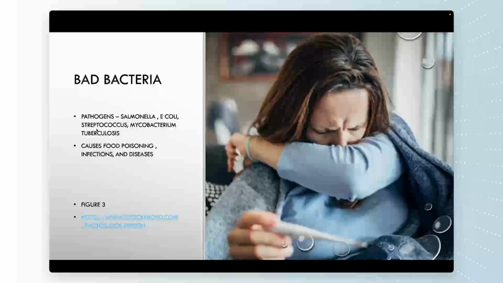We also have Streptococcus and Mycobacterium that can cause serious diseases such as strep throat, and we also have tuberculosis. What makes this bacteria harmful is their ability to produce toxins or invade and damage our tissues.